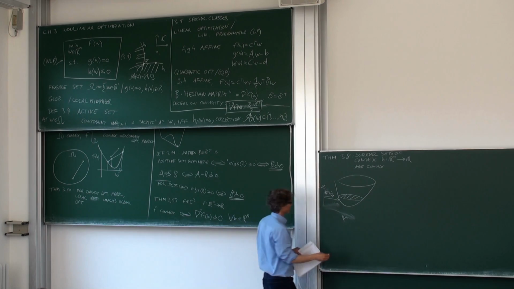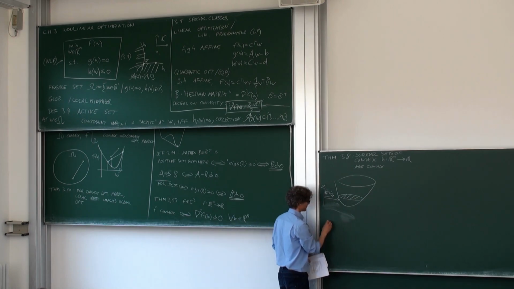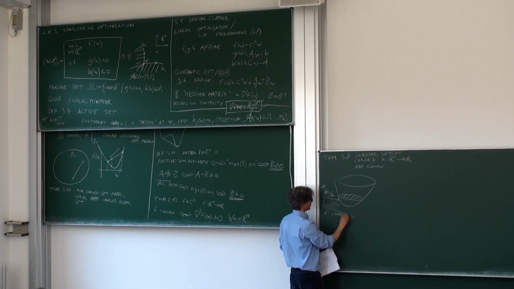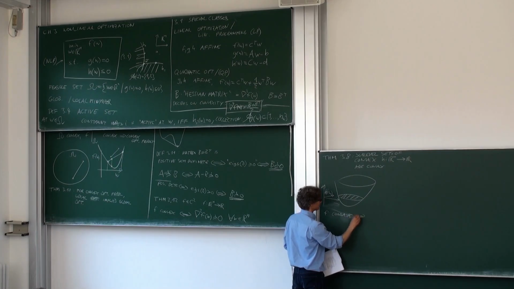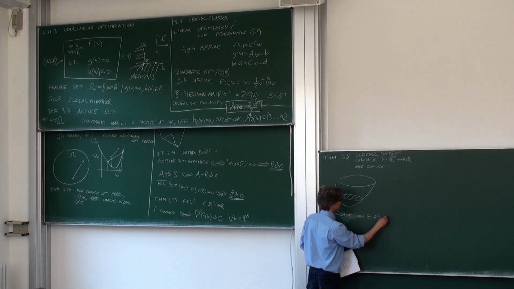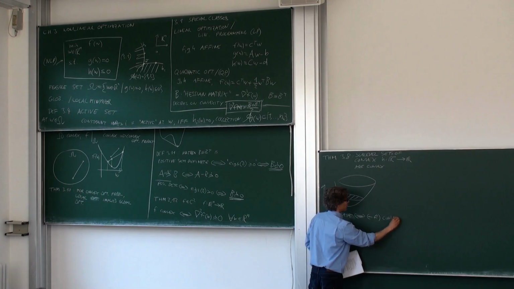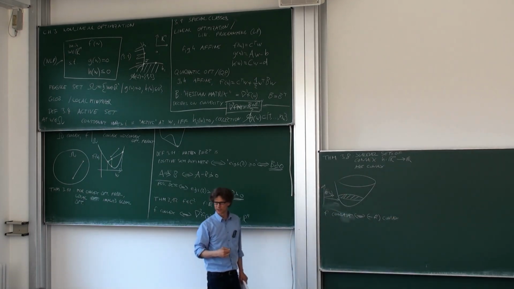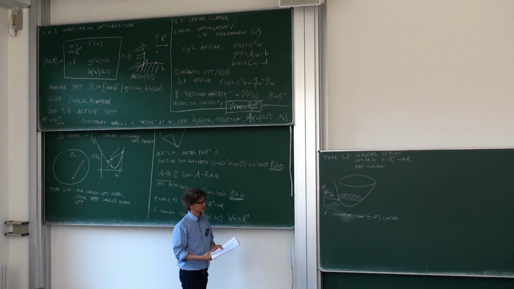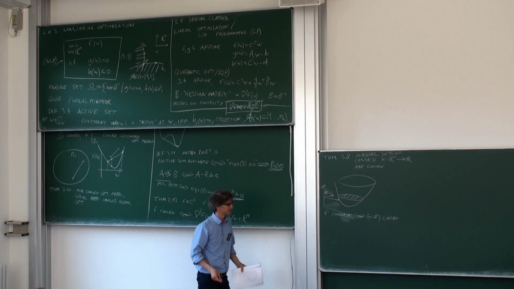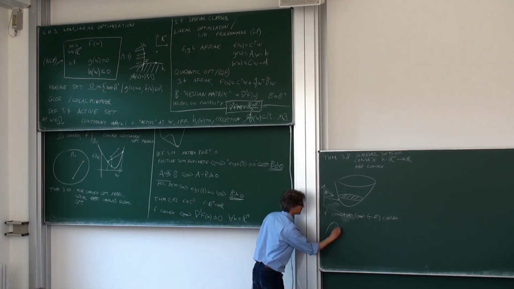So maybe I should also be sure that we have the language right. You call a function f concave if and only if minus f is a convex function. Sometimes it's useful to talk about concave functions. A concave function looks like this.